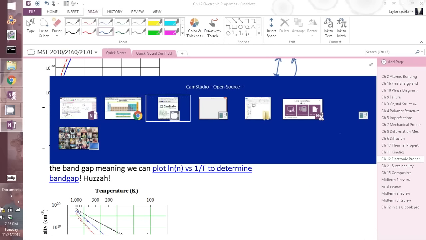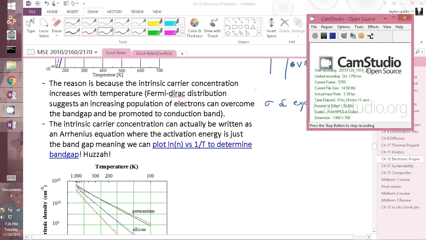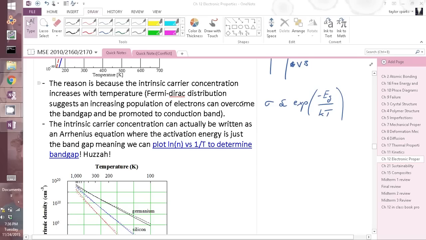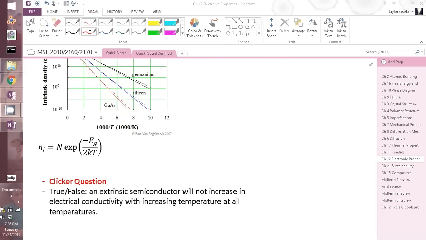The actual expression is that the conductivity is proportional or equal to n, a constant, multiplied by exponent of negative band gap divided by 2kT. We introduce a 2 because for every one electron that we create, we also create a hole. So we're getting double the conductivity. So we have to include both of those, and that expression is given here.